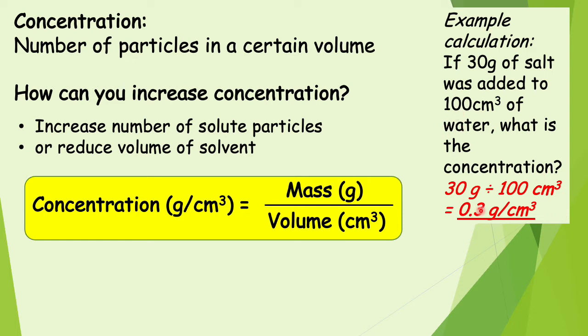When we plug that into our calculator, we get 0.3 grams per centimetre cubed. That is the concentration of the salt solution. Again, can you pause the video and make sure that this example is in your notes? Because it's going to be important for what you're going to do next, which is some practice questions on this.